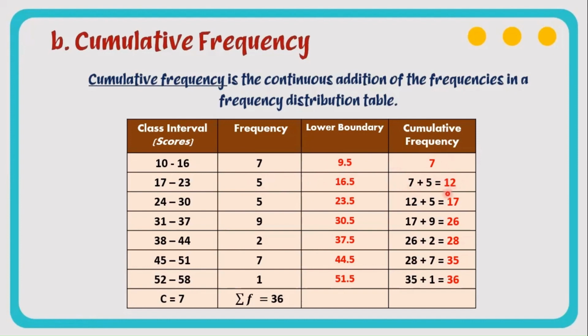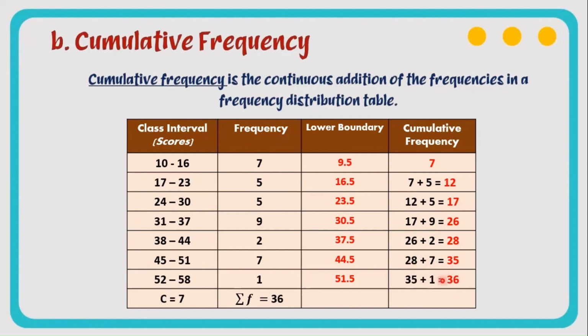As with the third cumulative frequency, the sum 12 is added to 5, and 12 plus 5 is equal to 17. Then we have 17 plus 9 equals 26. 26 plus 2 equals 28. 28 plus 7 equals 35, and 35 plus 1 equals 36.